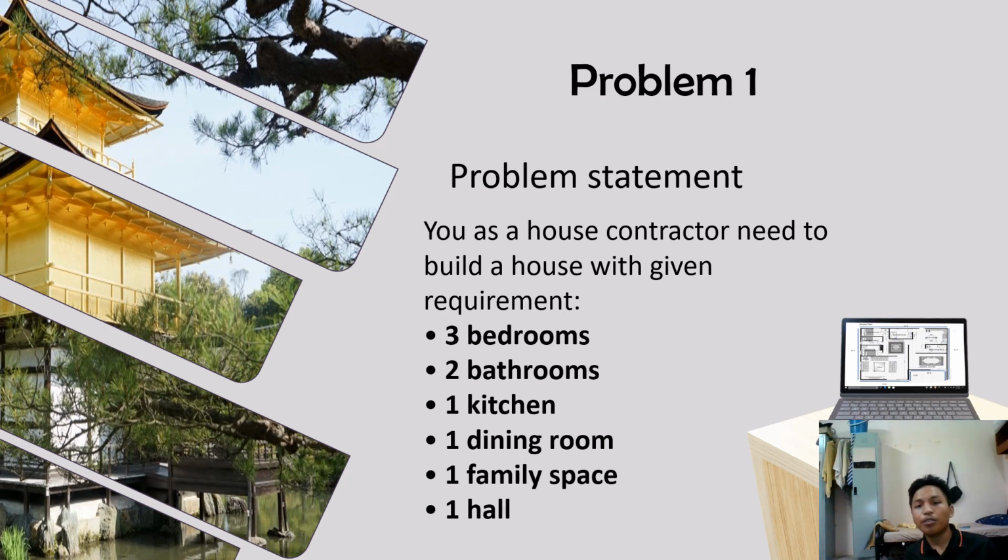So let's continue with problem 1, which is the house building. The problem statement states that we as a house contractor need to build a house with given requirements: 3 bedrooms, 2 bathrooms, 1 kitchen, 1 dining room, 1 family space, and 1 hall.